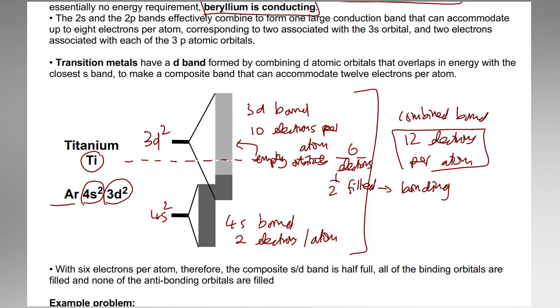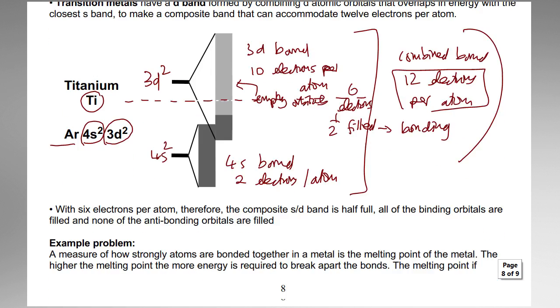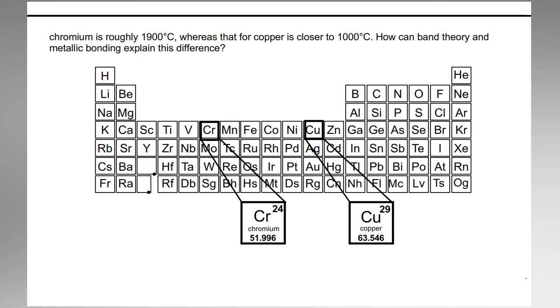Let's see how we can use that information to solve a problem in metals, see if we can understand something about the properties of metals this way. Let's compare chromium and copper. Chromium has a melting point of 1900 degrees C, very high obviously.